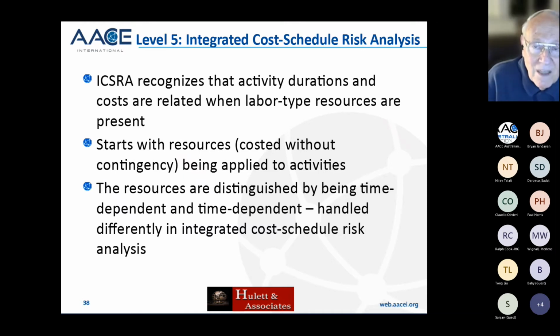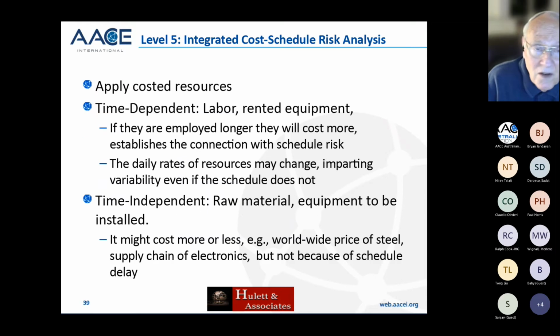ICSRA recognizes that activity durations and costs are related when labor type resources are present, and they are. So here's what happens with time dependent labor. It could be labor on hammocks as well as on activities. Now, by the way, a lot of people don't like to put resources onto schedules because they think that's too hard.